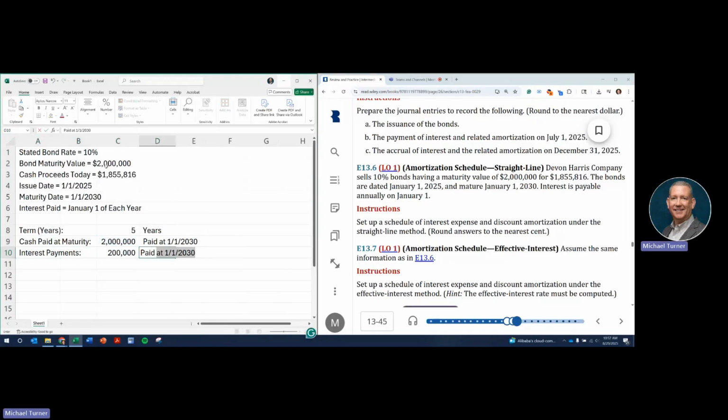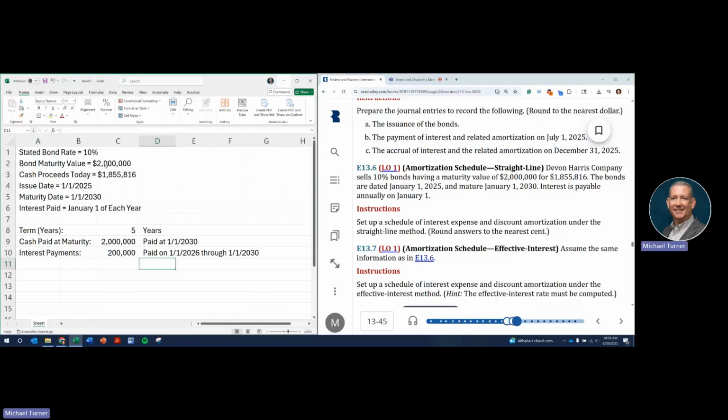This will be paid on 1/1/2026 and every January through 1/1/2030. So we have 5 payments: 2026, 27, 28, 29, and 2030. We have 5 payments of $200,000.